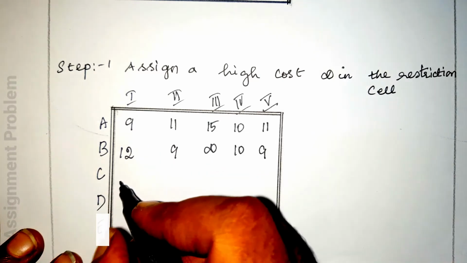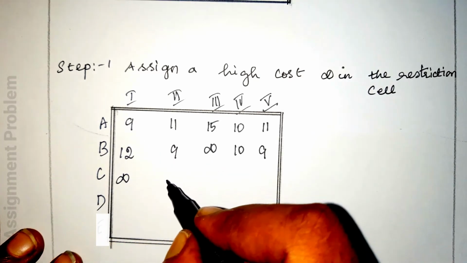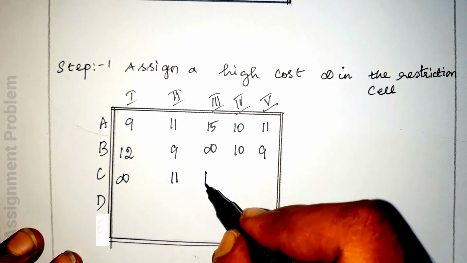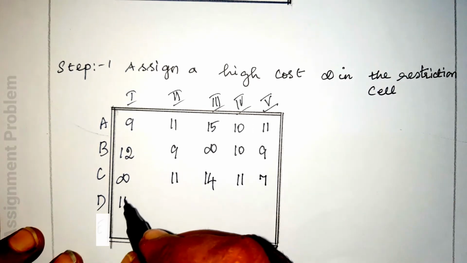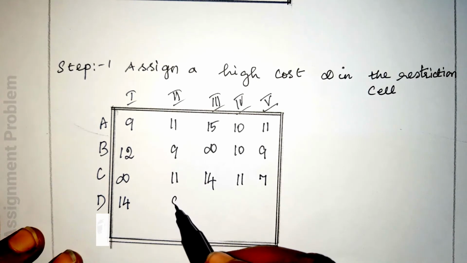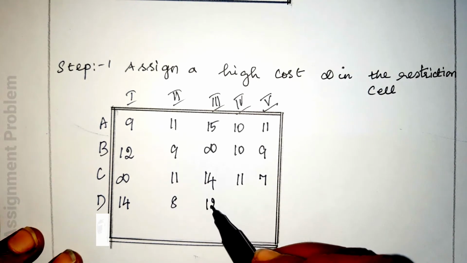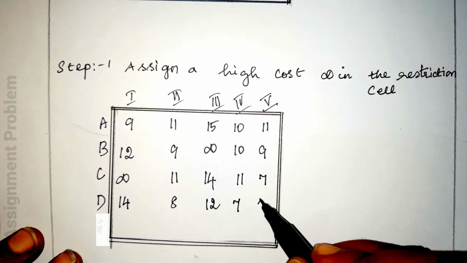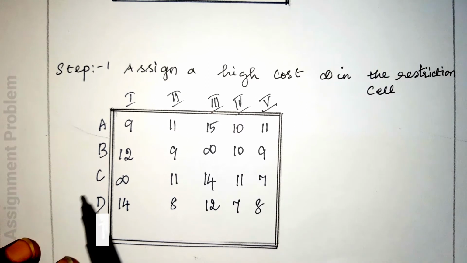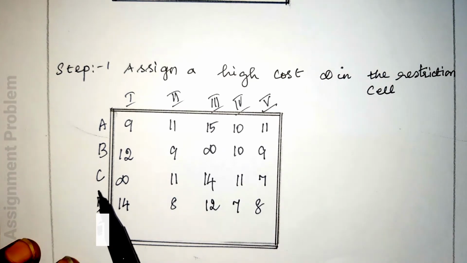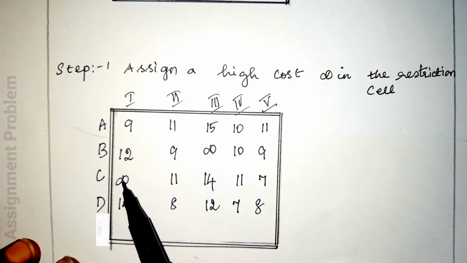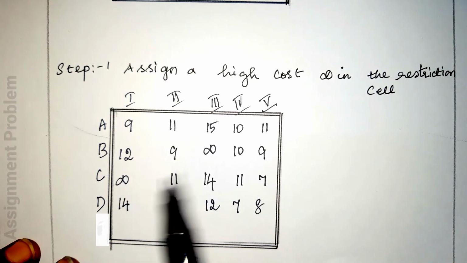Machine C is not suitable for location 1, so put infinity. 11, 14, 11, 7. 14, 8, 12, 7, 8.